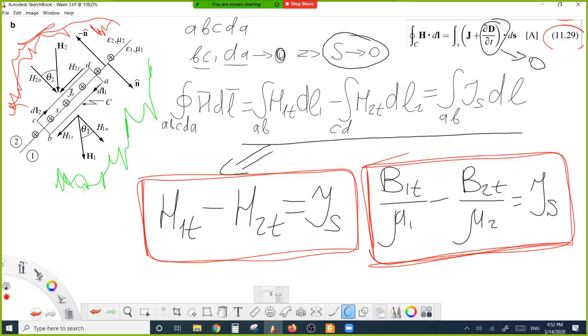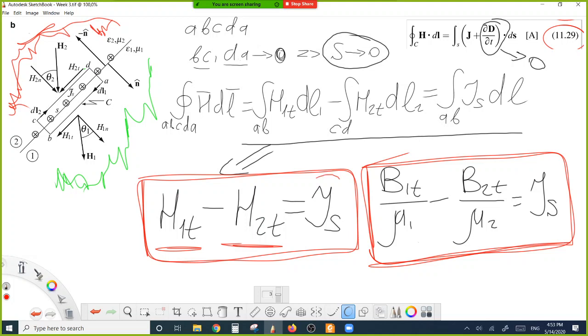These two boundary conditions for magnetic fields can be summarized as follows: the tangential components of magnetic field intensity, which are H1T and H2T, are discontinuous in the presence of surface current densities.